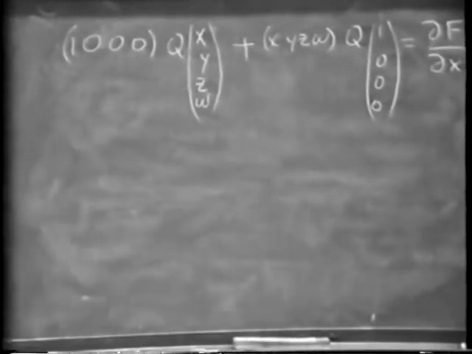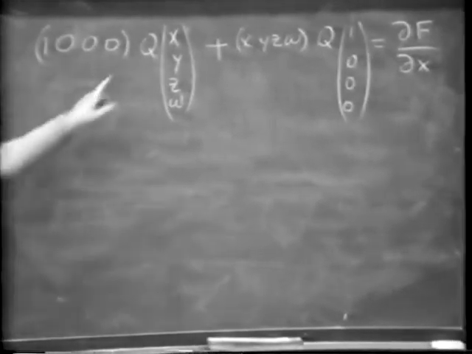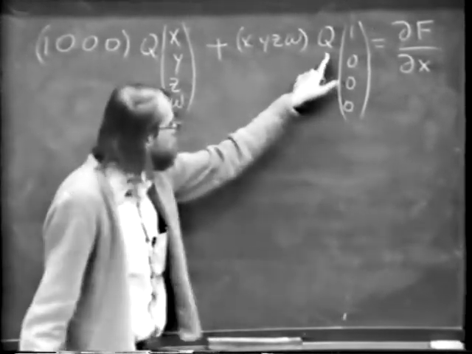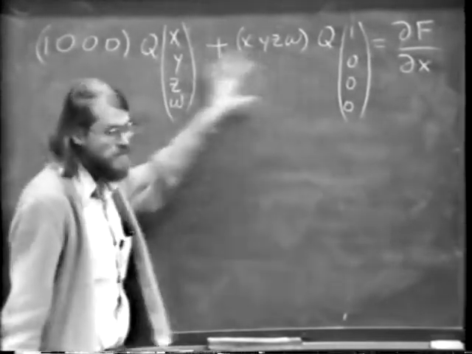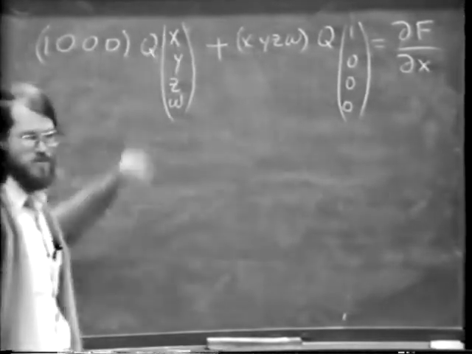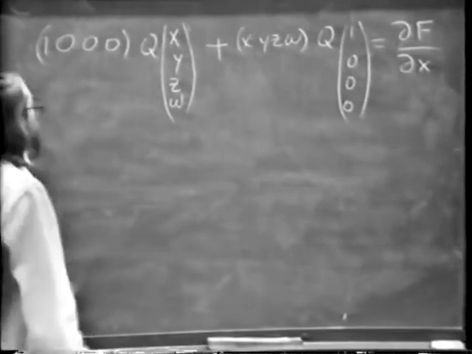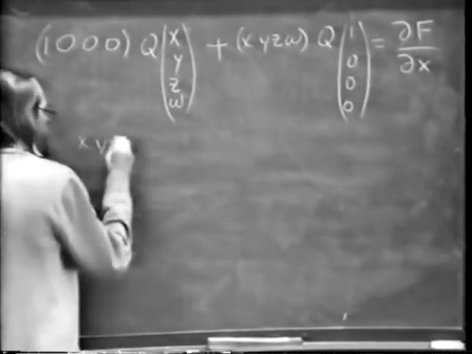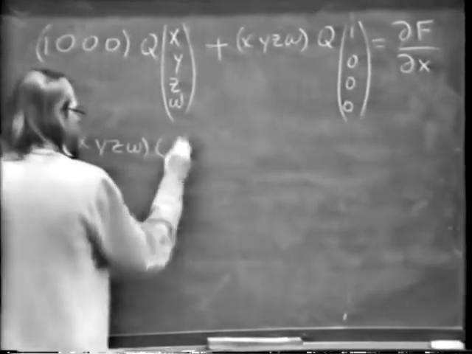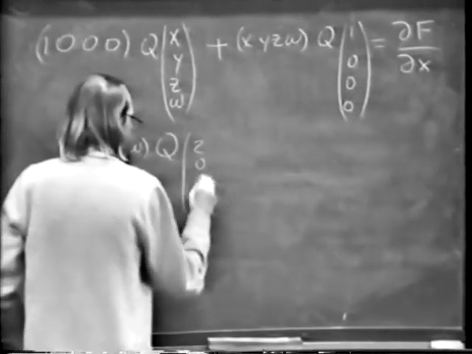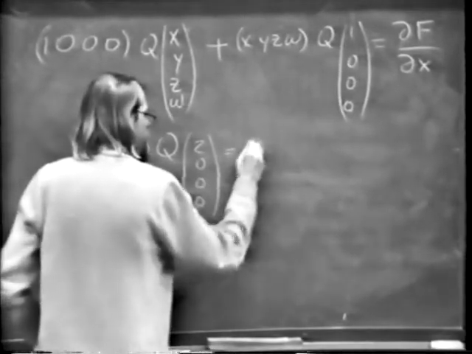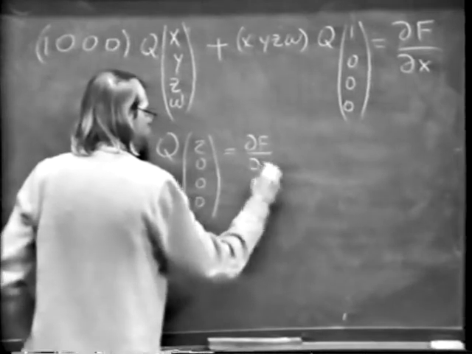Partial of f with respect to x, that's the x component of the normal vector. Now, since q is symmetric, these two terms are really the same. They're just flipped relative to each other. So we can write the whole thing as that, right?